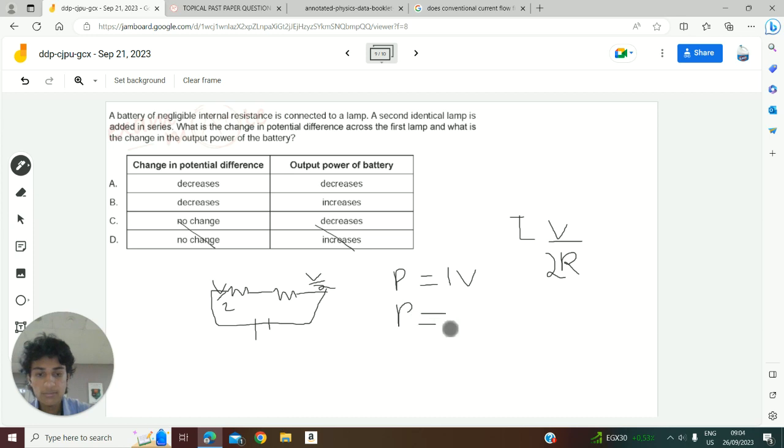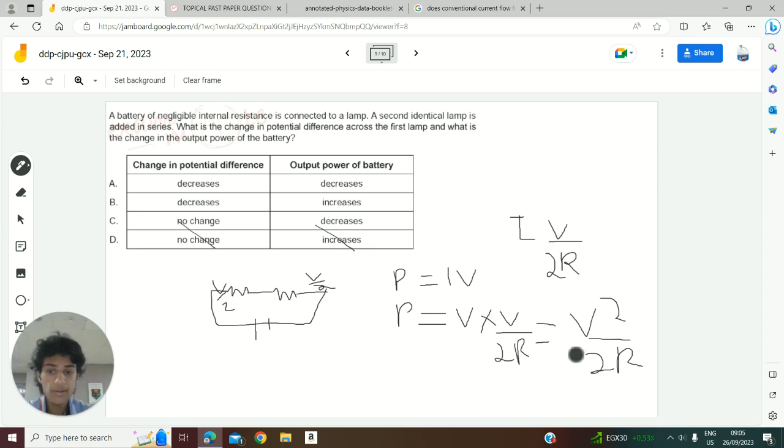So for the second case, you would have V times V over 2R, which becomes V squared over 2R. So you can see here that the power is being divided by 2. So the output power of the battery is also decreasing. So the answer is A.